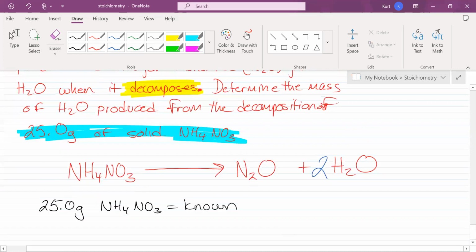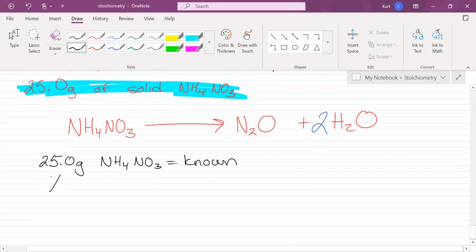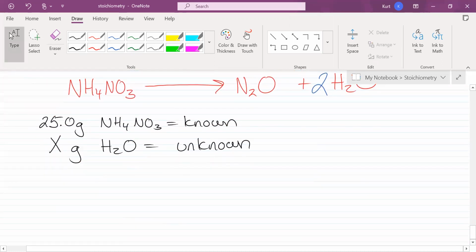Our unknown value, it says determine the mass of water produced. There it is. X grams of H2O. That's our unknown. All right. So, step 1.